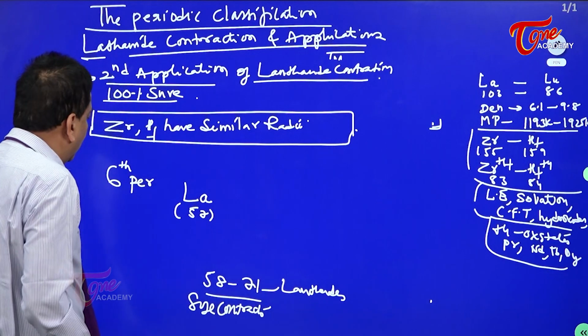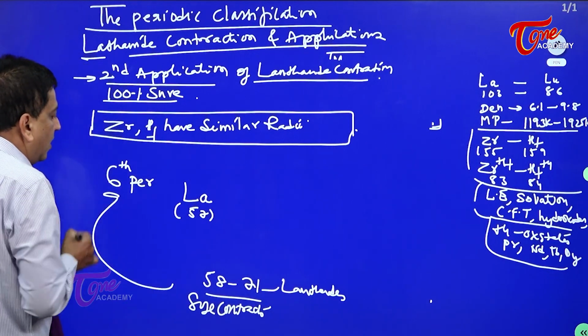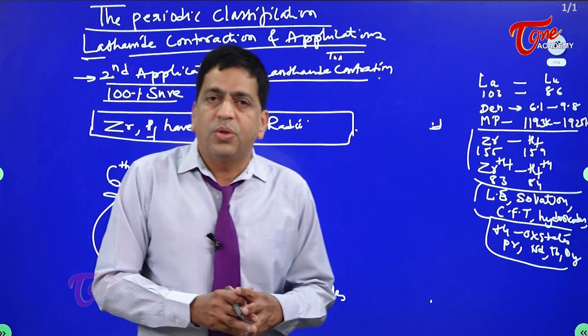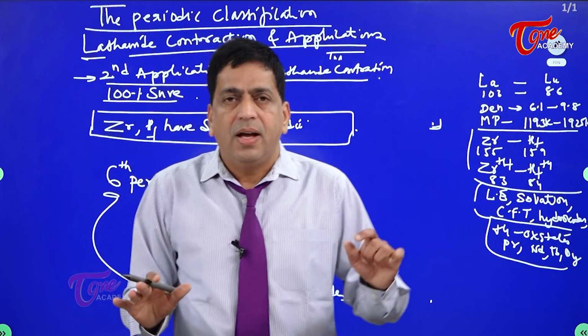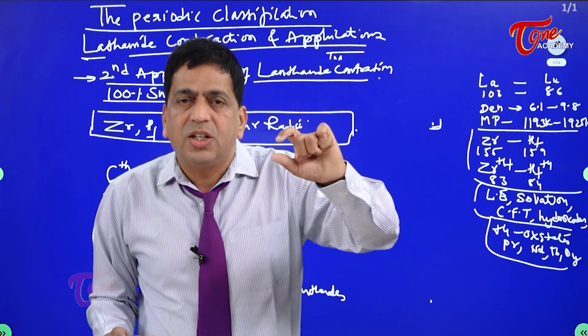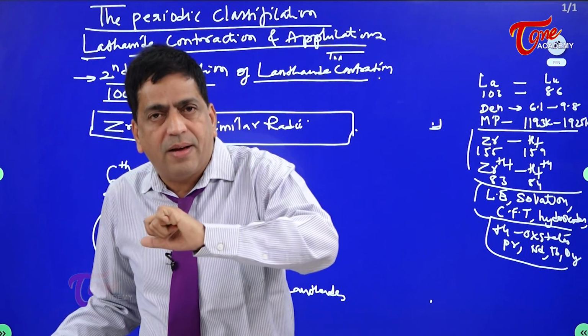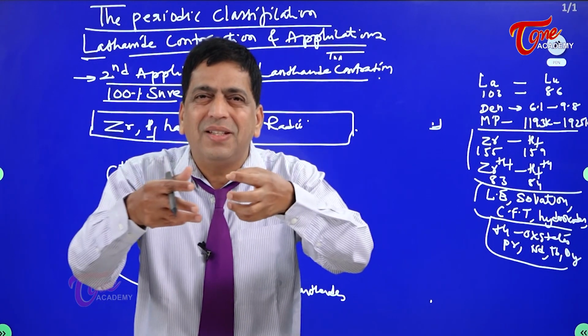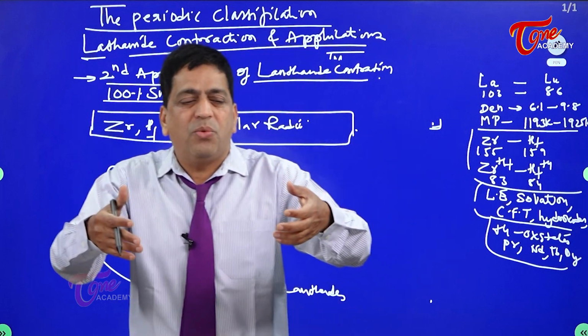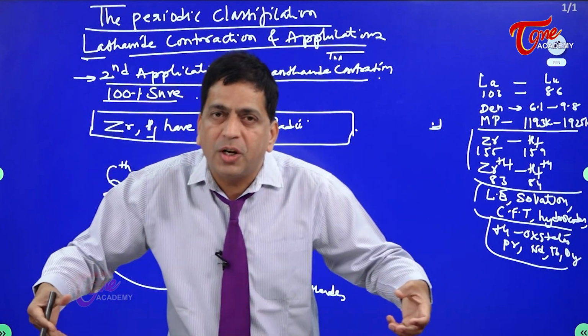These lanthanides also belong to the sixth period itself. But after lanthanum, instead of entering D, they enter F. So D and F is a mix-up in the sixth period, so they have removed that and placed it at the bottom of the periodic table.